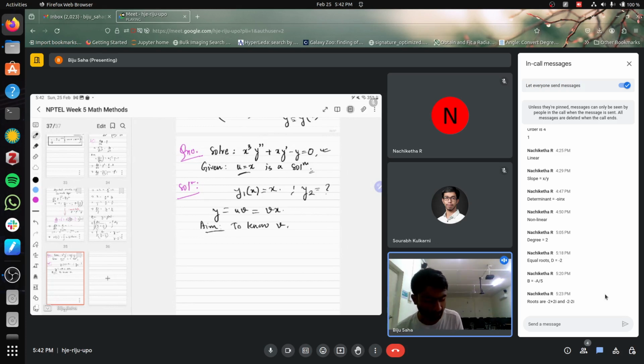Since there are second order derivatives involved, first of all the first order derivative dy by dx would be v plus x dv by dx.